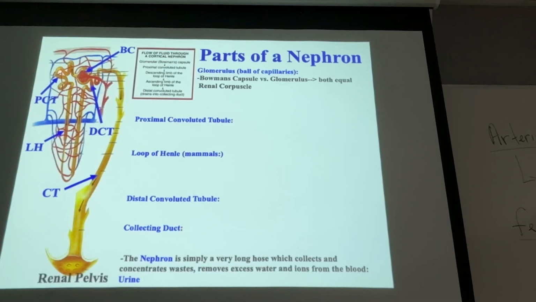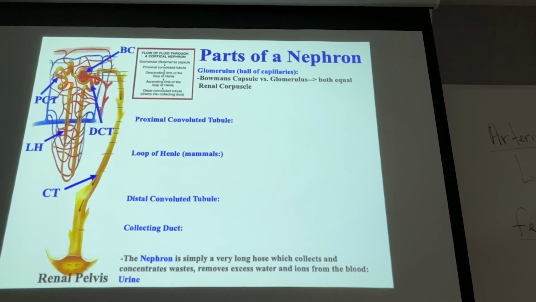The first part is called the PCT, the proximal convoluted tubule, right here. The proximal convoluted tubule collects the primary urine from the renal corpuscle, and it does a really good job of changing the primary urine very quickly. We're going to talk about what it does in a few minutes.